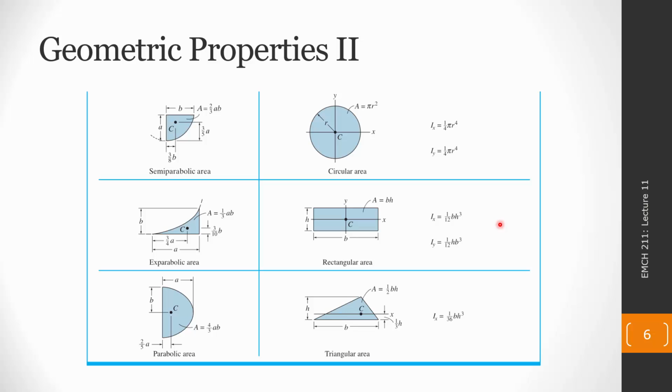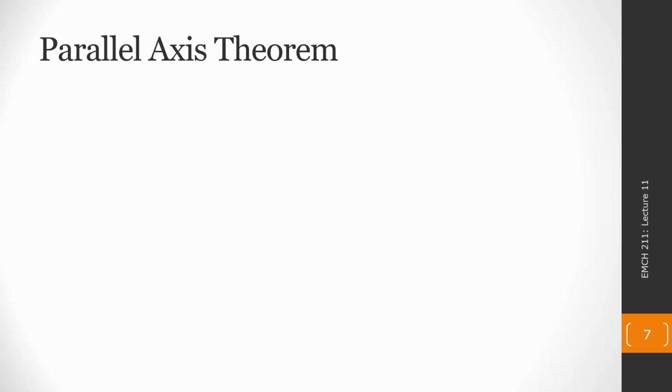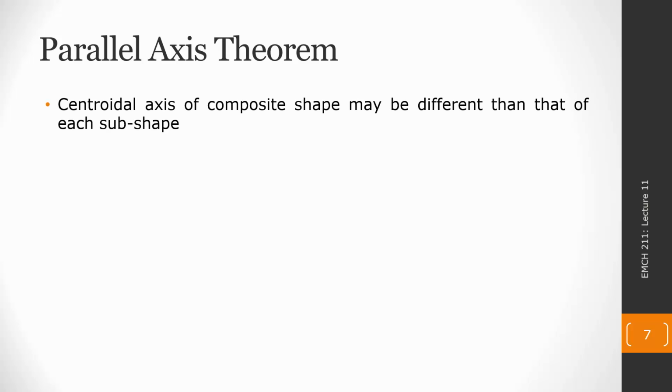But when we are dealing with composite shapes that might be made up of multiple rectangles, we're going to have to go a little bit further because we are going to want for the composite shape its resistance to bending, its moment of inertia about its centroid. So the problem we're going to encounter is that the subshapes are going to have these axes going through their own centroids, but we want to know how does it resist about the centroid of the entire shape, because those axes might be different.